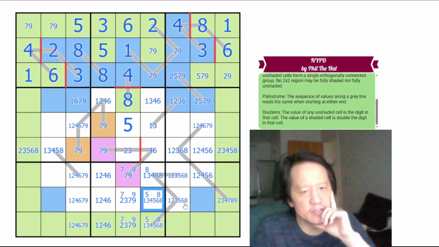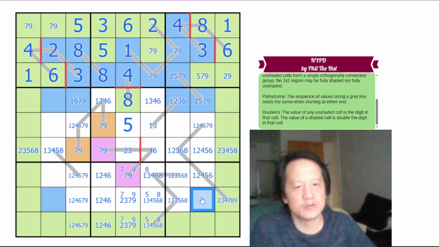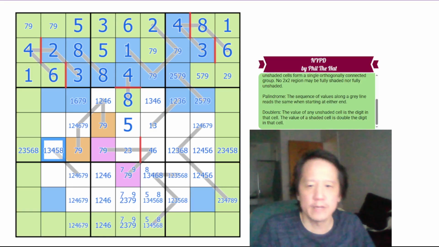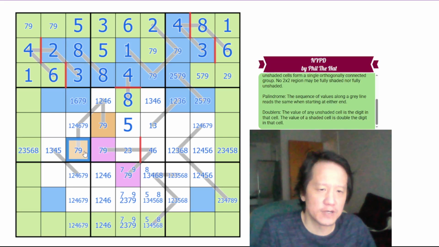So 5 is here. Well, this can't be 5. That doesn't really help. And 5 is here, that would have to be 5, so this couldn't be 5. But that's not helpful. 8 cannot be here again, because 8 would be consecutive with 7 or 9.